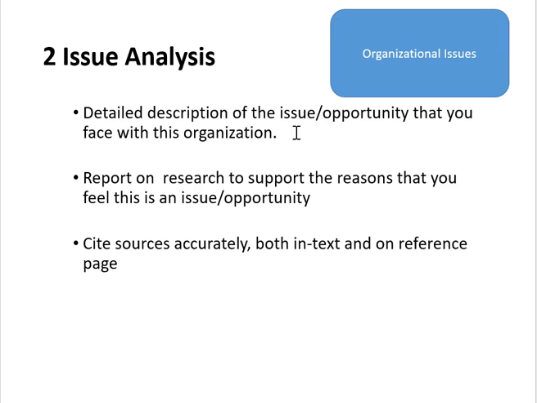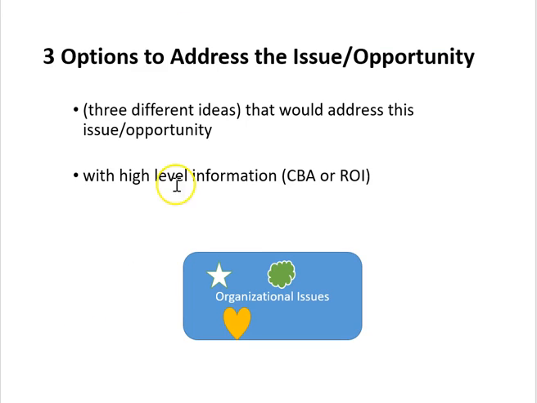Make sure that you cite your sources accurately, both in text and on the reference page, but really go into that issue in some depth. And remember that an issue is not a solution. An issue is a problem without one single defined solution.